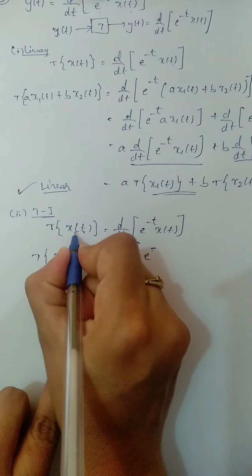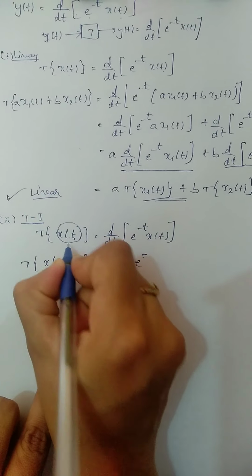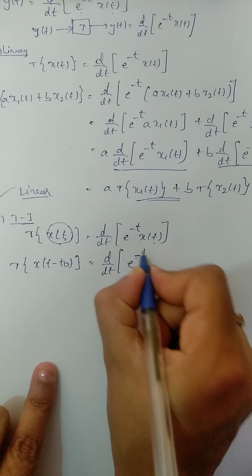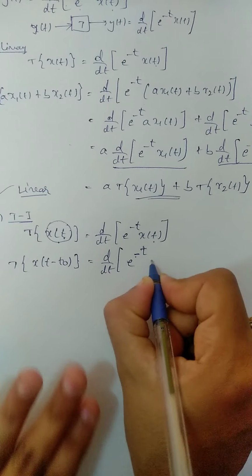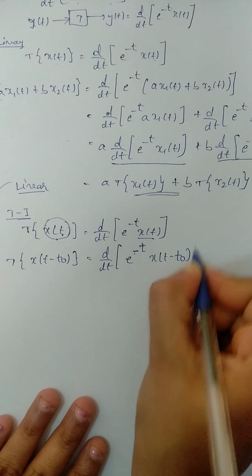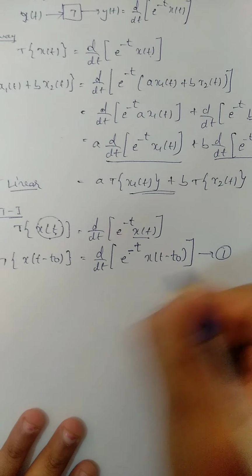Wherever we have x(t), in that x(t) only we are replacing x(t - t0). The e^(-t) I am keeping as it is. This is equation number 1.